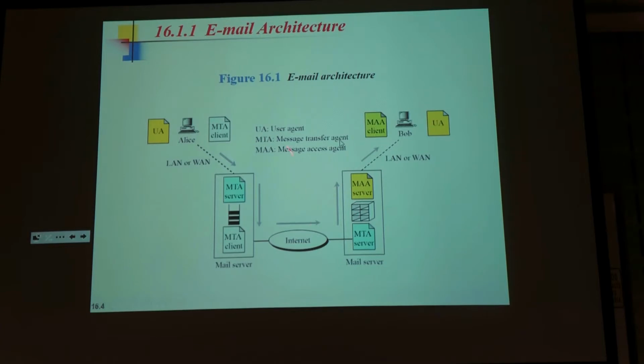So basically we have a sender system and a reception system, with a message transfer agent and a message access agent to access the message. So it involves two servers receiving the data.